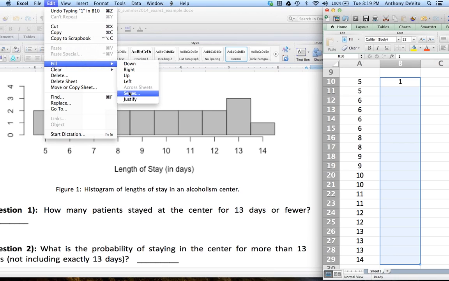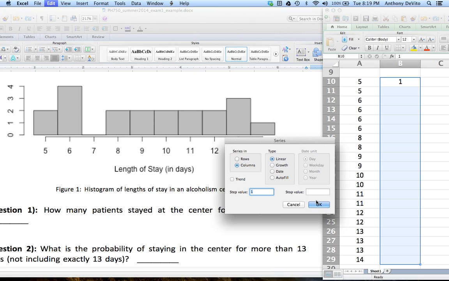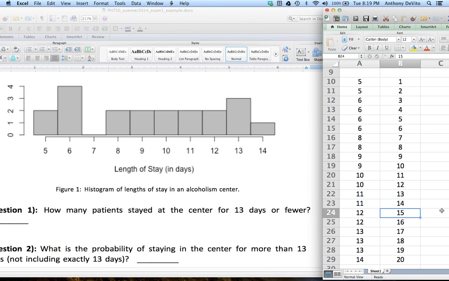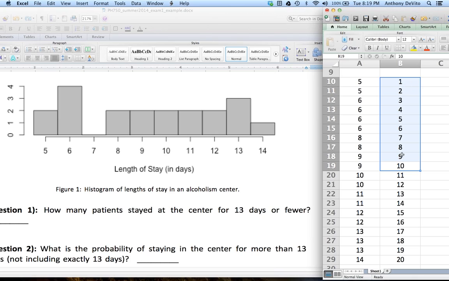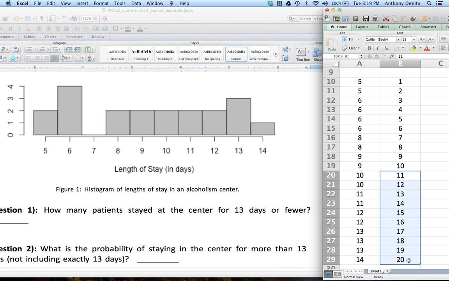So the person that would be the median value of number of days staying there is going to be half of the 20, right? It's going to be the 10th or the 11th person. Unfortunately, this is an even number of patients.